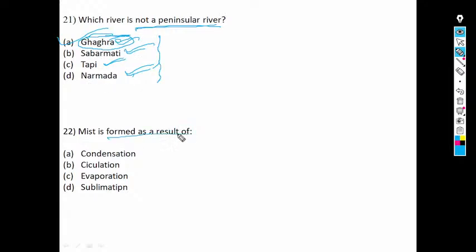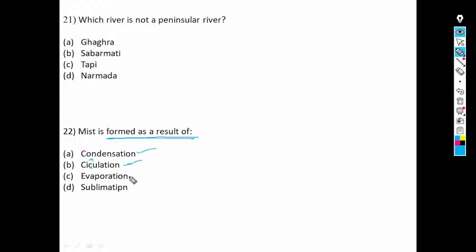Then, mist is formed as a result of what?